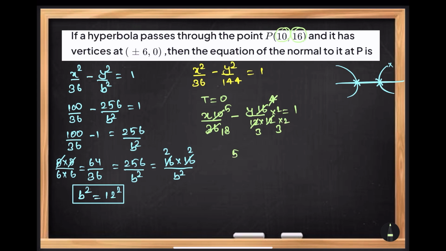So can I write 5x by 18 minus 2y by 18 equals 1?